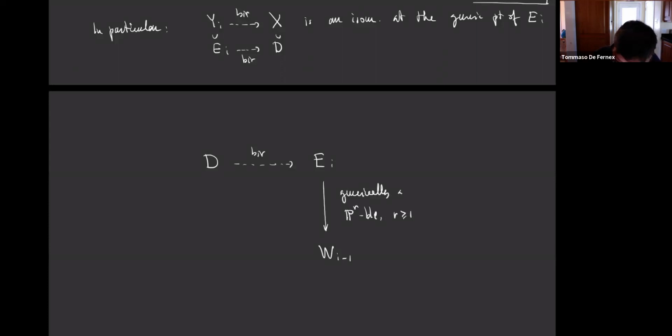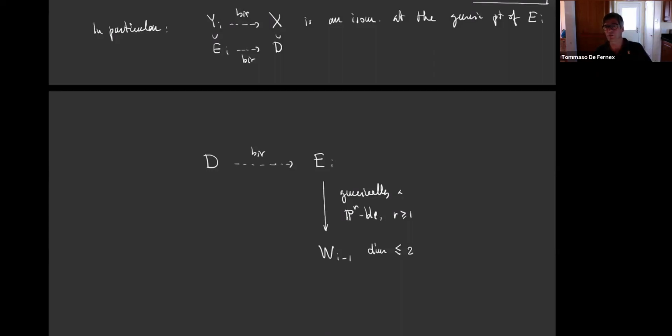And what about this WI? WI minus 1, the dimension is going to be at most 2, because the dimension of EI is, let's say, a family of threefolds. The dimension of D is 3, so the dimension of EI is 3.